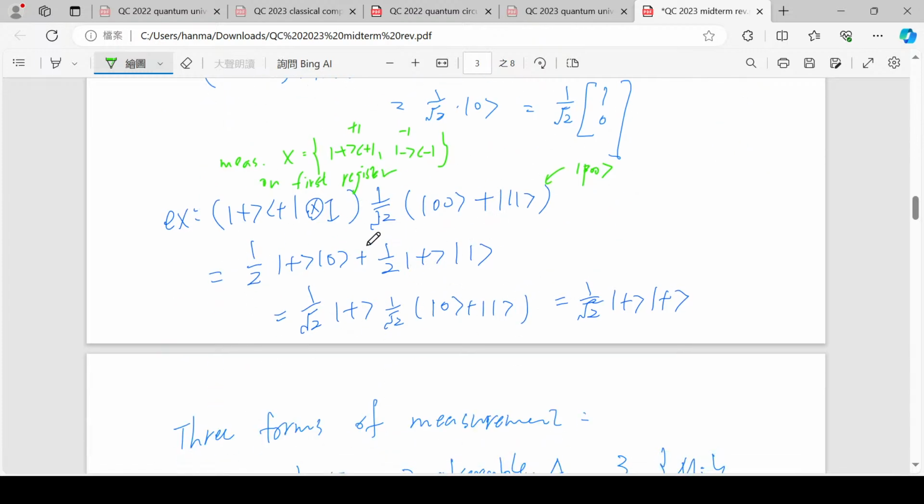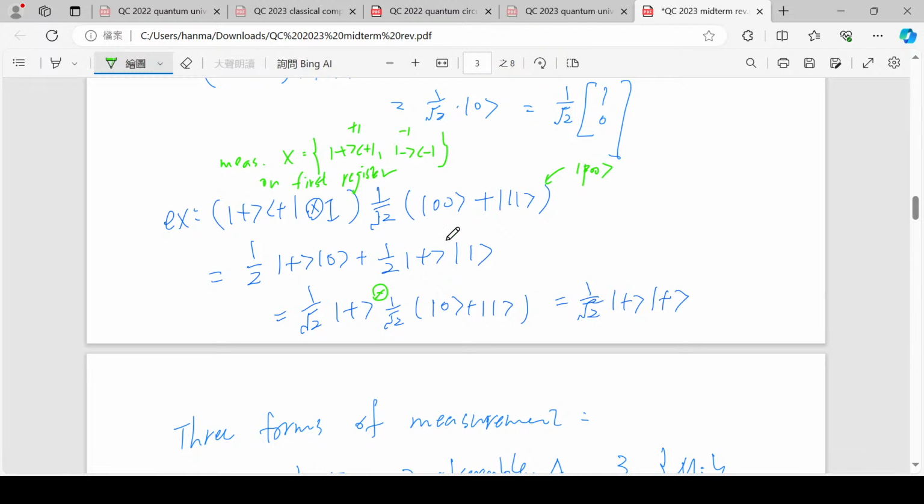So you see, the first register got projected onto plus, so obviously it all comes out with plus. Then you combine those two things, so it's 1 over square root 2 plus, tensor with 1 over square root 2 of 0 plus 1. And this is another plus state, so it's 1 over square root 2 plus tensor plus. Okay.